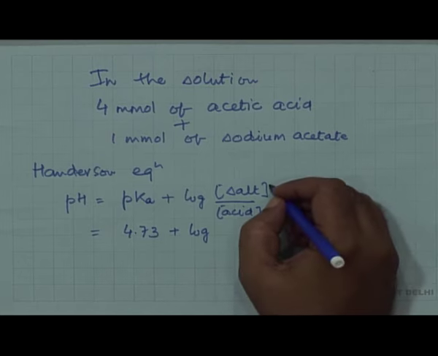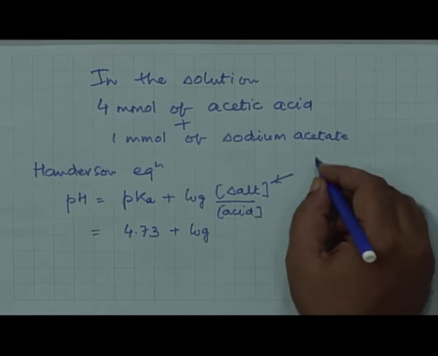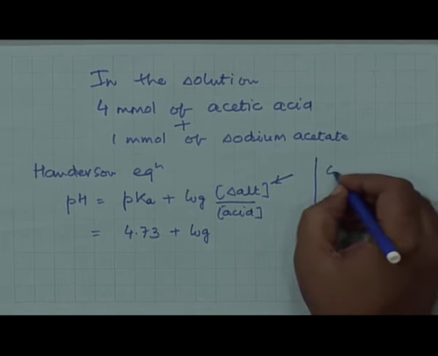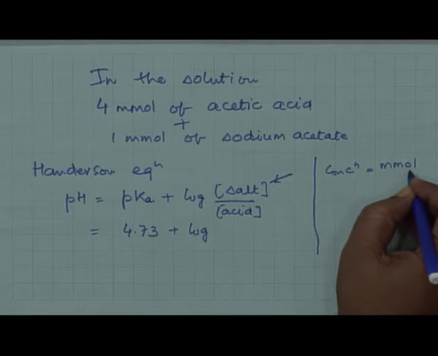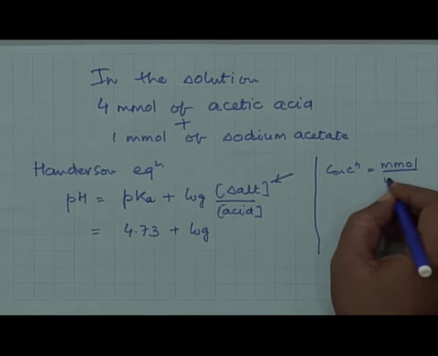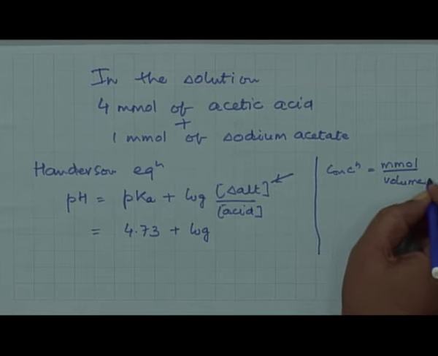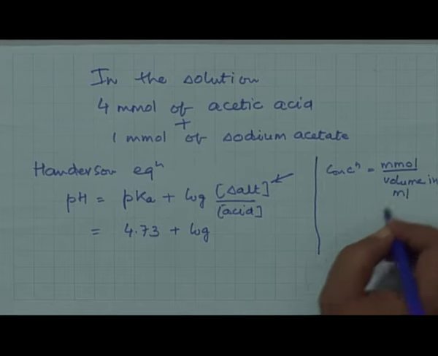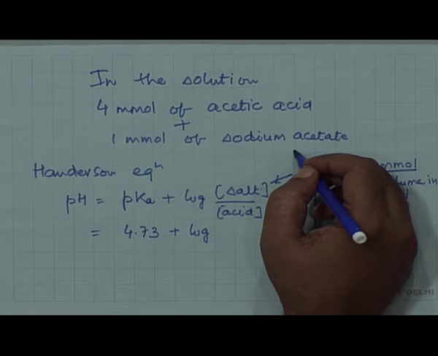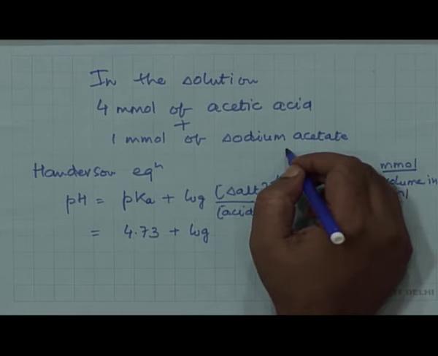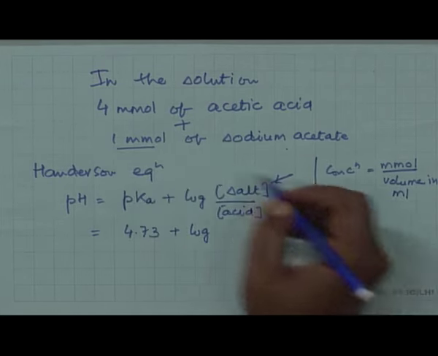To calculate concentration we apply concentration equals millimole divided by volume in ml. The number of millimole of salt is 1 millimole.